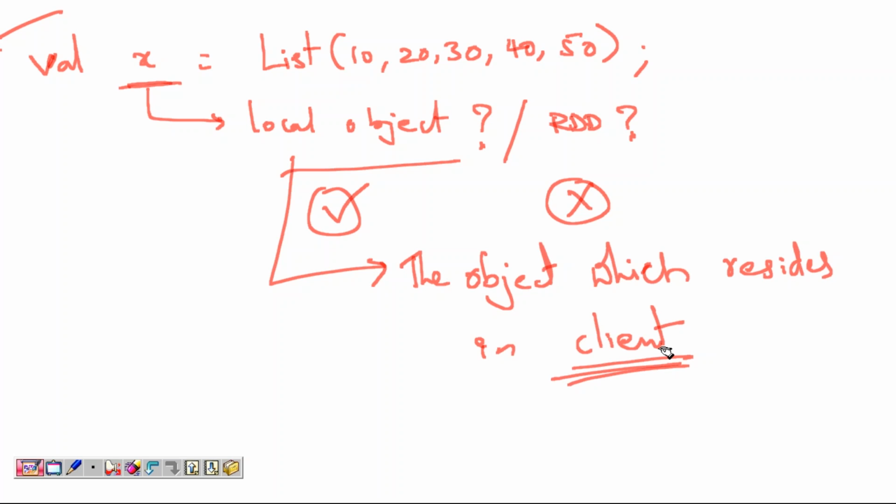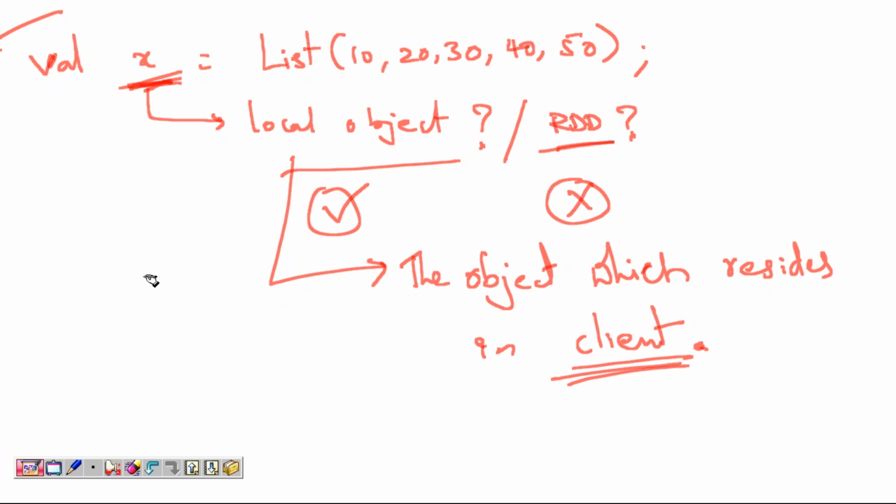Suppose my client is Bank of America and the cluster is in California. From the client machine I am connecting to that cluster. But whenever I say val x is equal to something, that is simply my object, and it is a local object because presently it is in my client machine. The object which resides in the Spark cluster, that is an RDD. Now this is not an RDD.